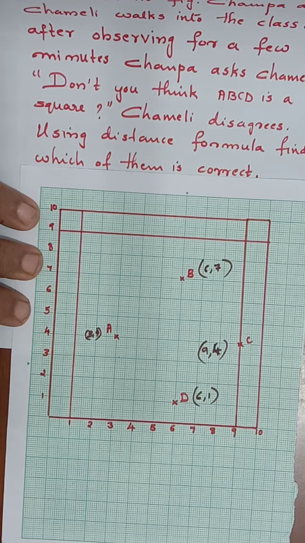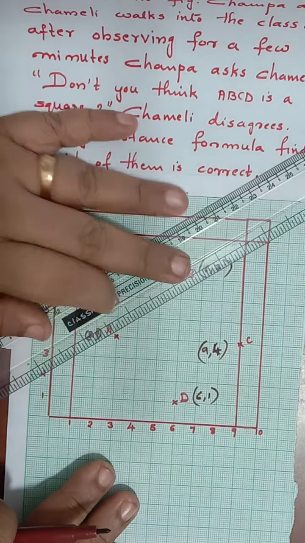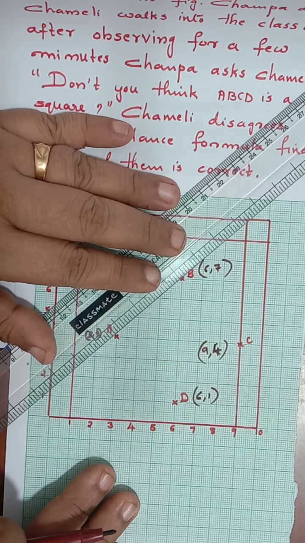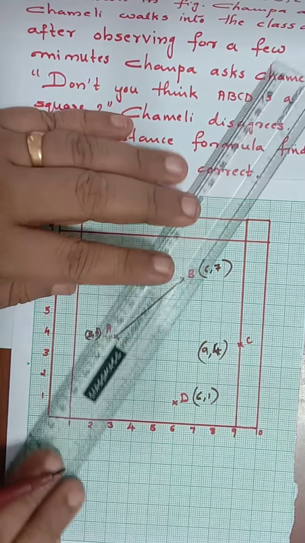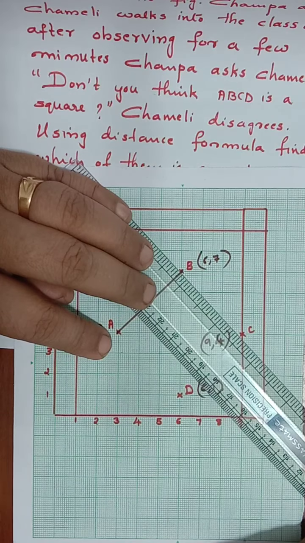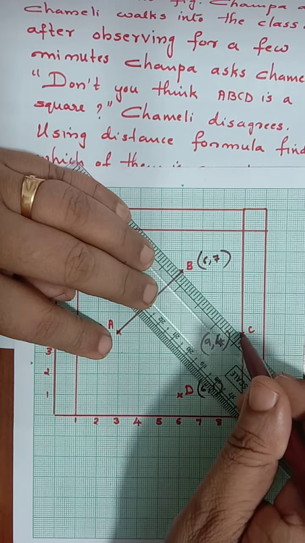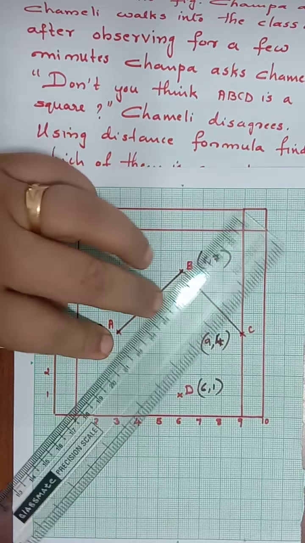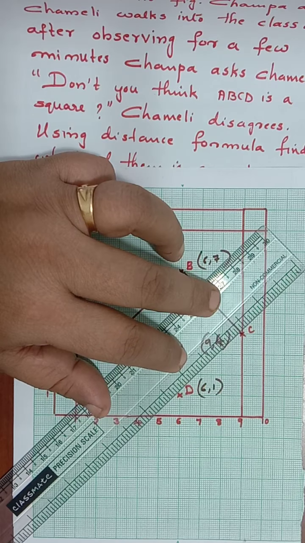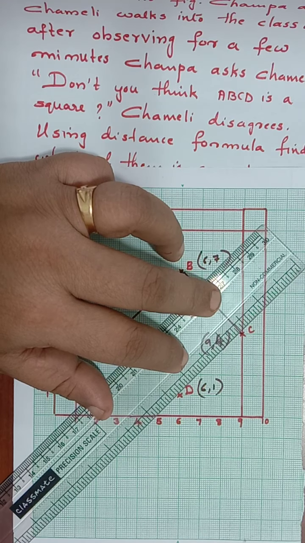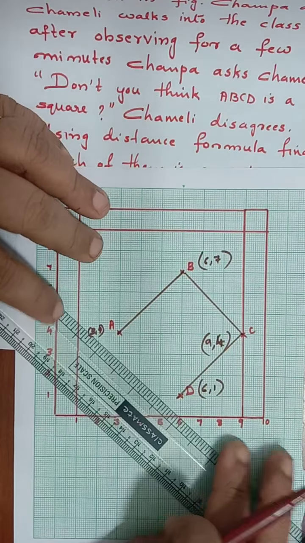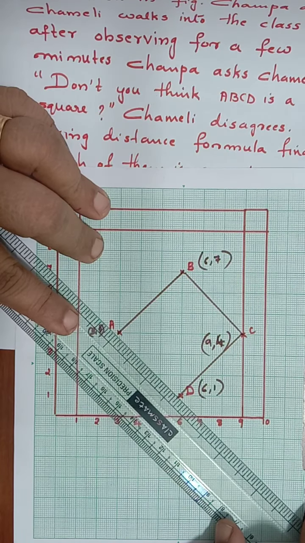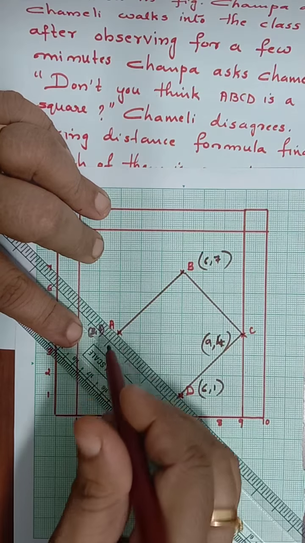If you want, you can join it. By joining, you will be getting a clue. But better you find out the distance. So let us join it. Here we have AB. Look at BC. They have given in the question to find out using the distance formula. So we have to find out. Otherwise we will be knowing by seeing the figure. We can count the number of units also.